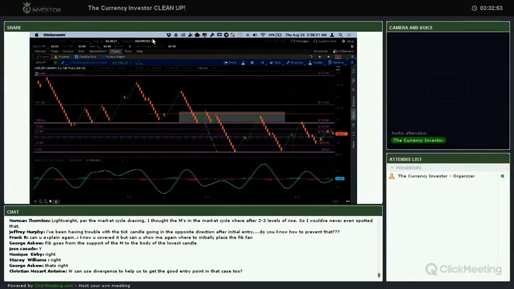Now that's the thing about divergence. Use it on here.